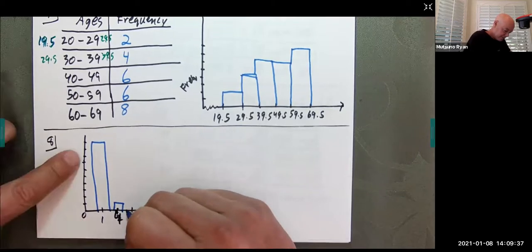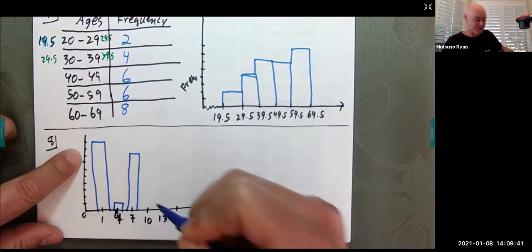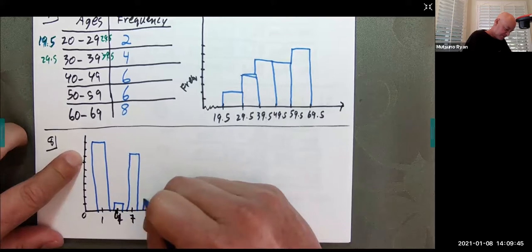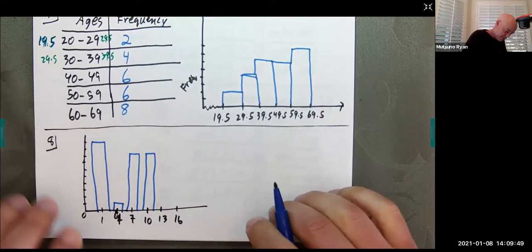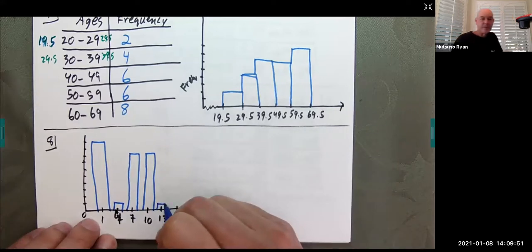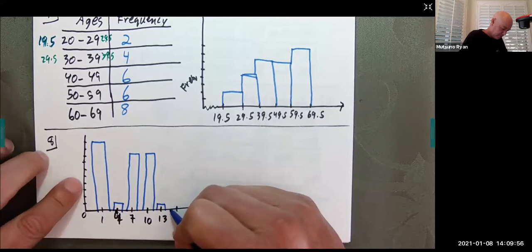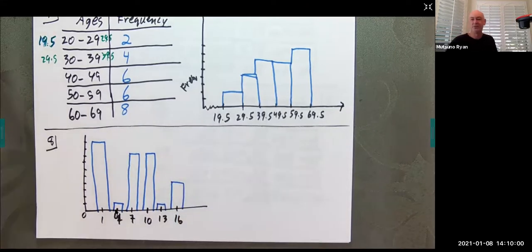Should probably be using a ruler. Next one is also 7. Next one is 1 again. And 4. You can do a better job than I did.